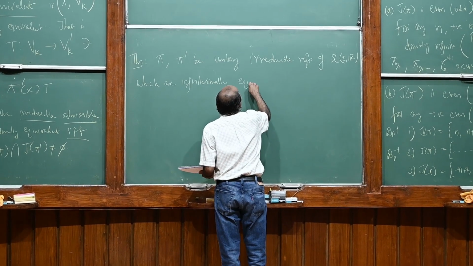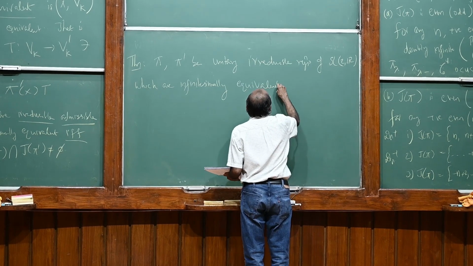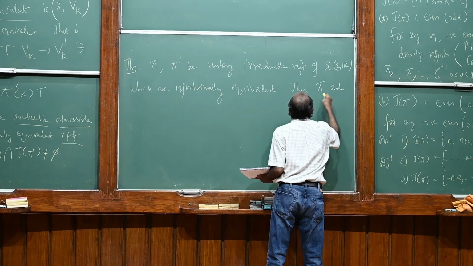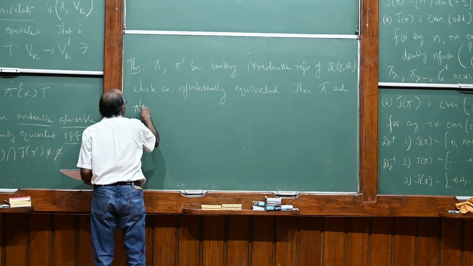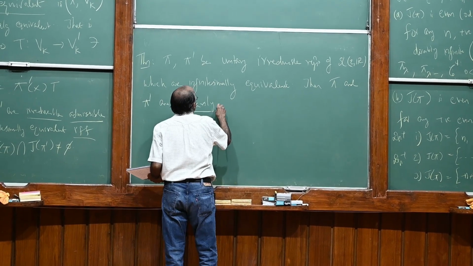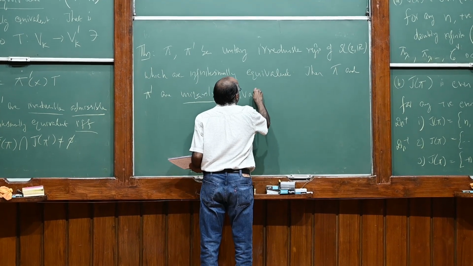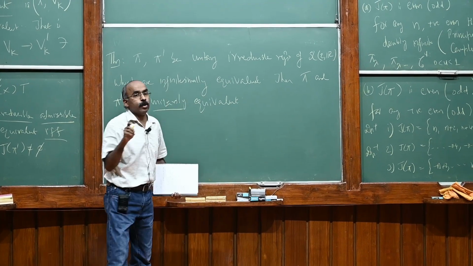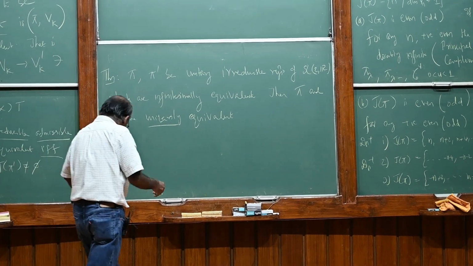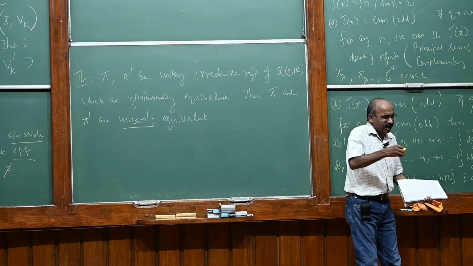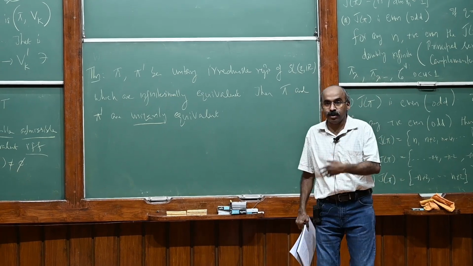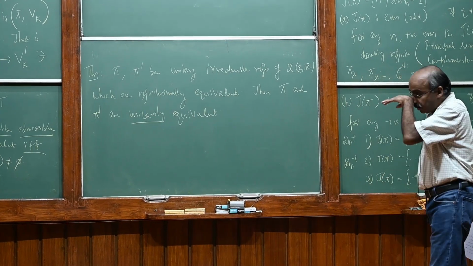If they are infinitesimally equivalent, then phi and phi prime are unitarily equivalent, so there is a unitary map which intertwines the pi action and the pi prime action. So they are the same representation. I still have to do some computation, but mostly I will tell you the remaining things as a story.